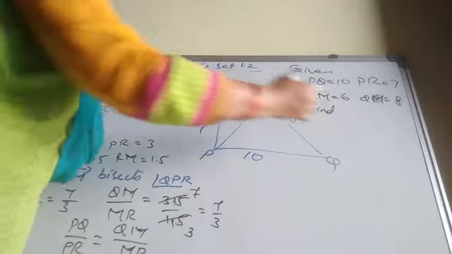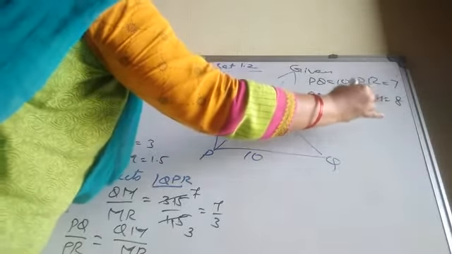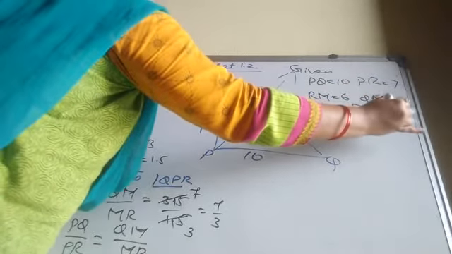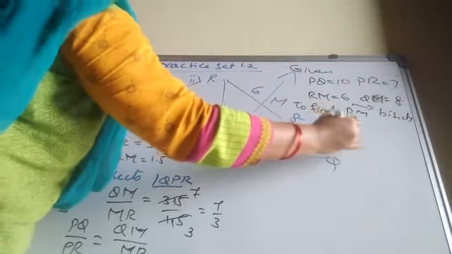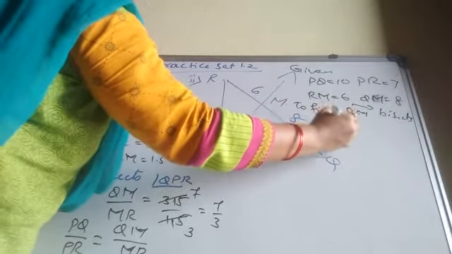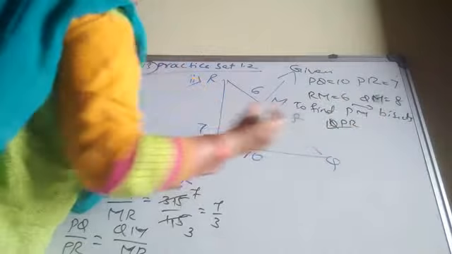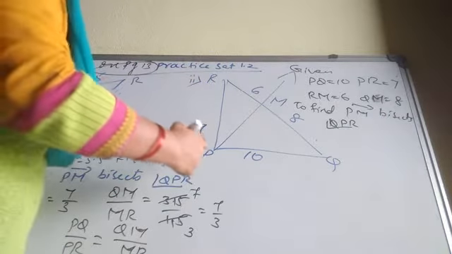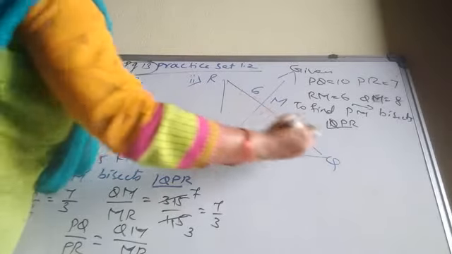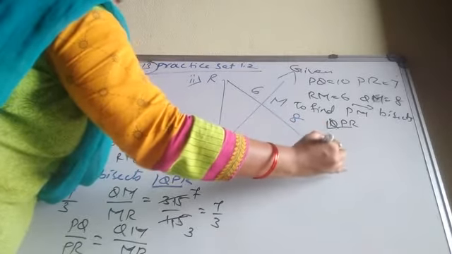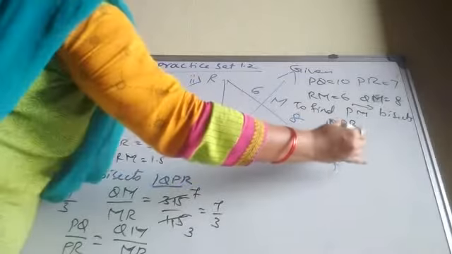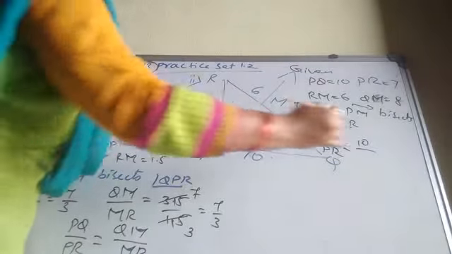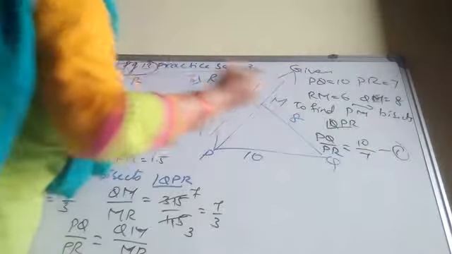Whether ray PM bisects angle QPR. Now our condition was PQ upon PR. PQ value is 10, PR value is 7. This is number 1.